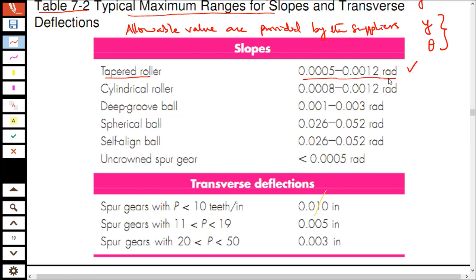If it is more than 0.0012, then your bearing is not going to work over there, or it is not going to work efficiently over there. Similarly, if you are using a spherical ball bearing, the slope should be between these values, and this is the recommended or the allowable slope.